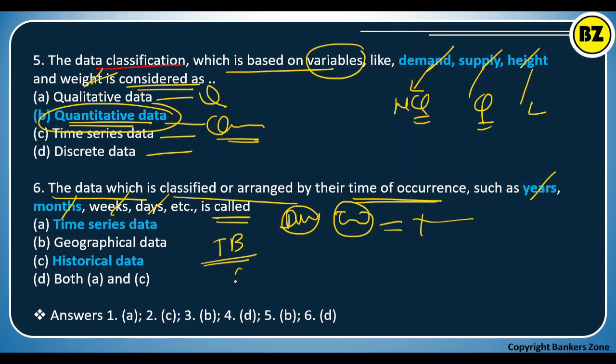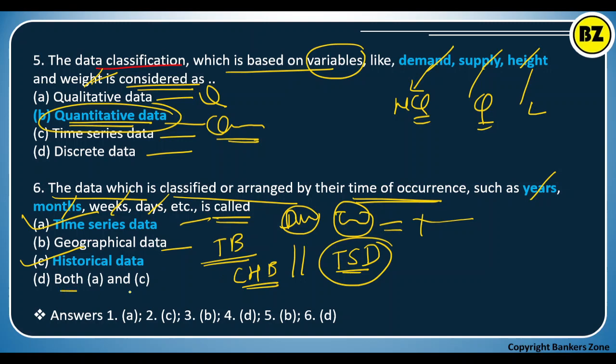It is also called the chronological basis, and in the same way it is also called time series data. So time series data is correct and historical data is also correct, because we have some history, first year, second year. So historical and time both are correct, so D will be your correct answer.